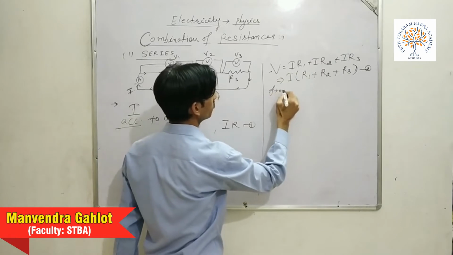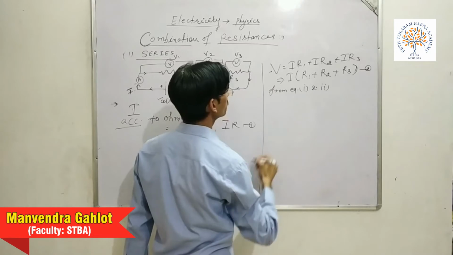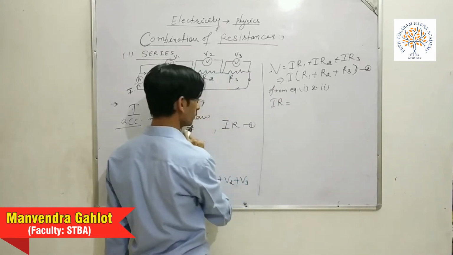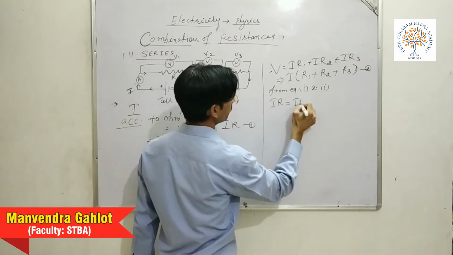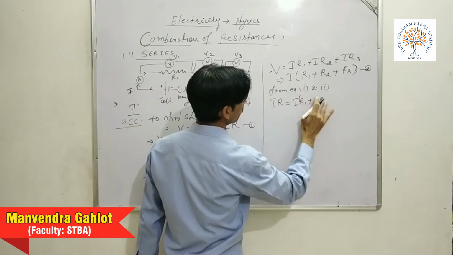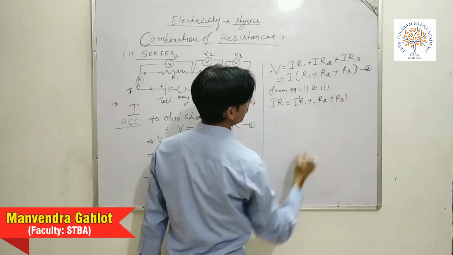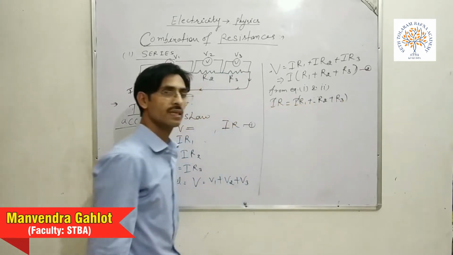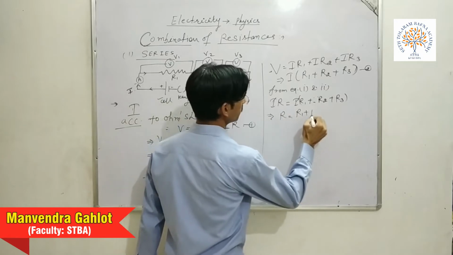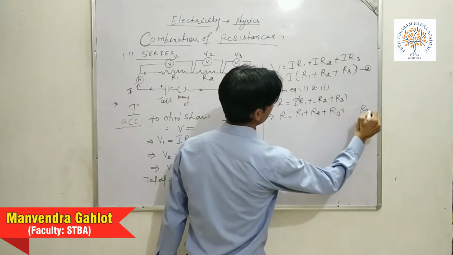So you can write from equation number first and second, IR equals to IR from the first equation, IR1 plus IR2 plus IR3. I to I cancel. Finally, we got the result R equals to R1 plus R2 plus R3 up to Rn.